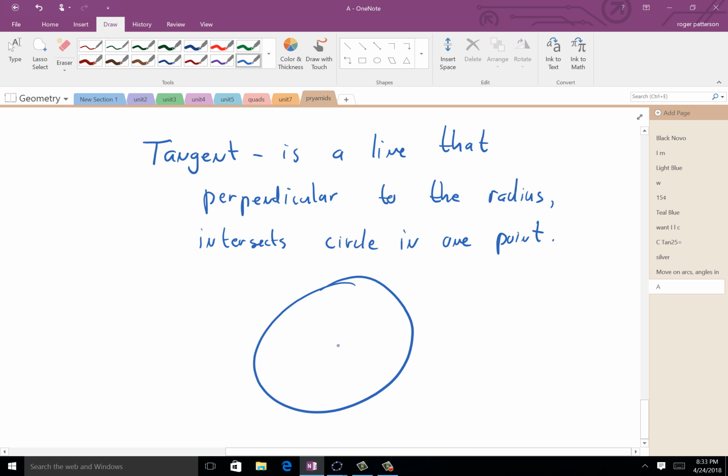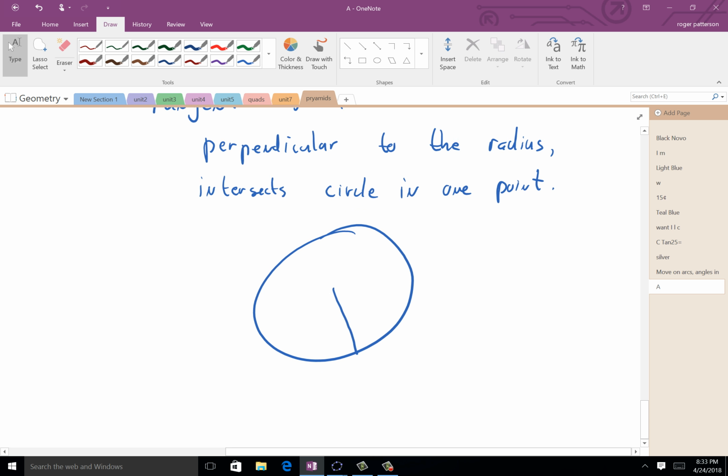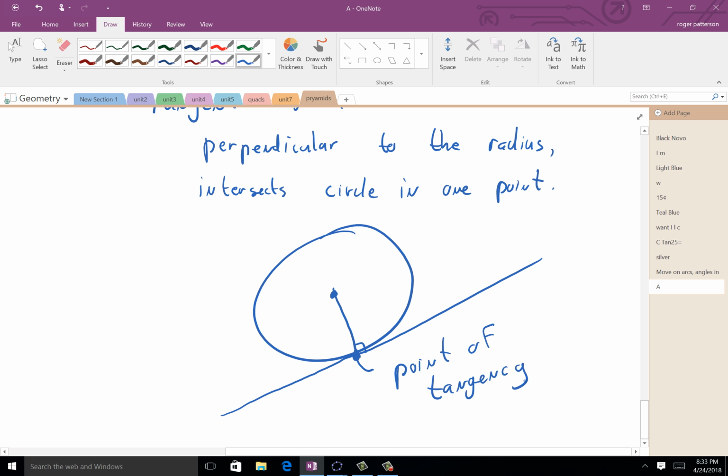So there's my circle. Here's my radius. And here's my tangent line. Okay. Now this point is called the point of tangency. Okay.